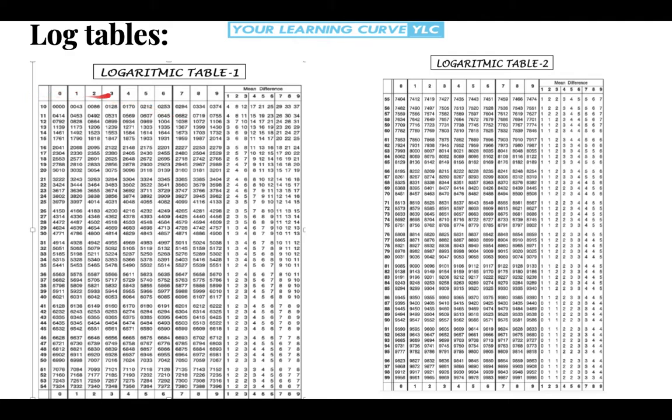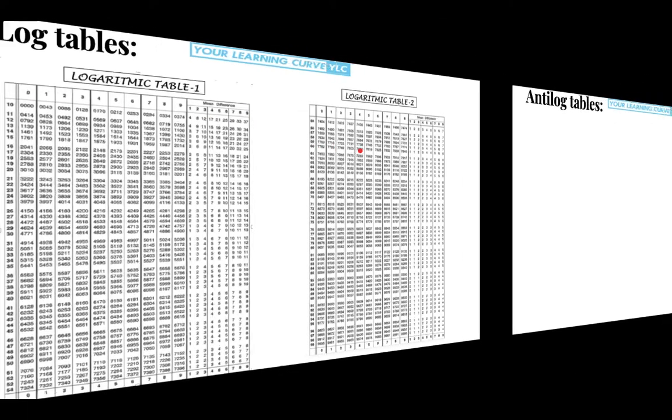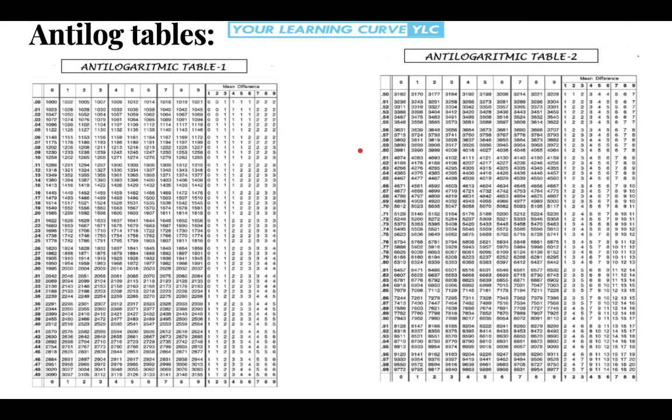Second is this row. In this row you will see two sections. One section is 0 to 9. This is the value of the main logarithm, and this is the mean difference, 1 to 9. We'll see when to use which part, but you have to use this column, this row and this part to calculate the value of log of any number.